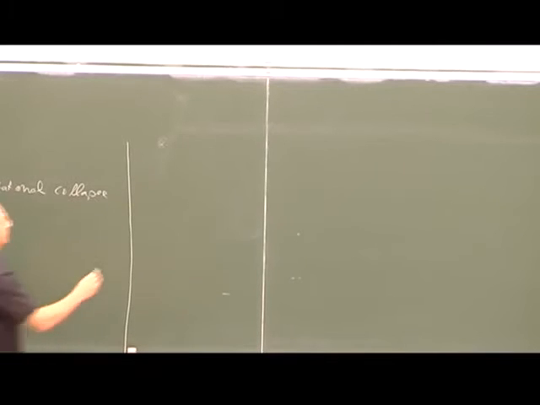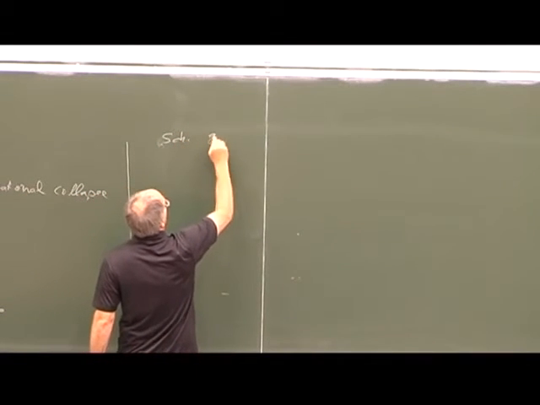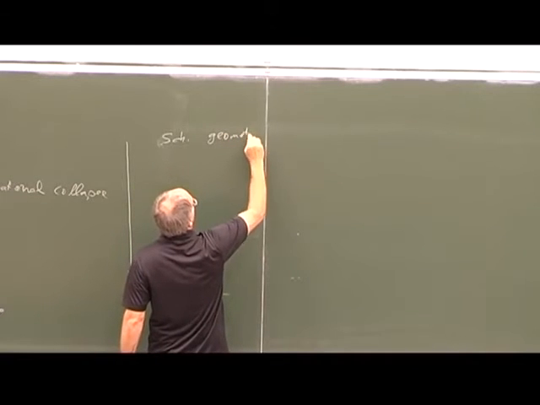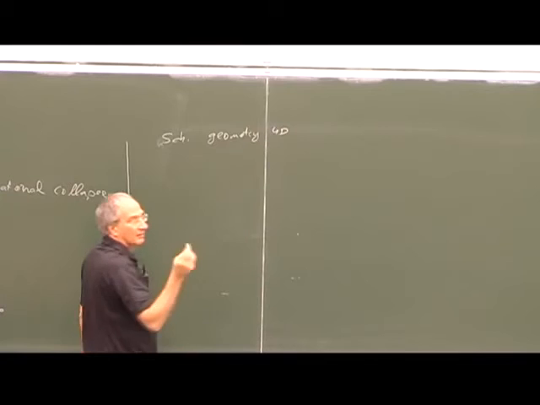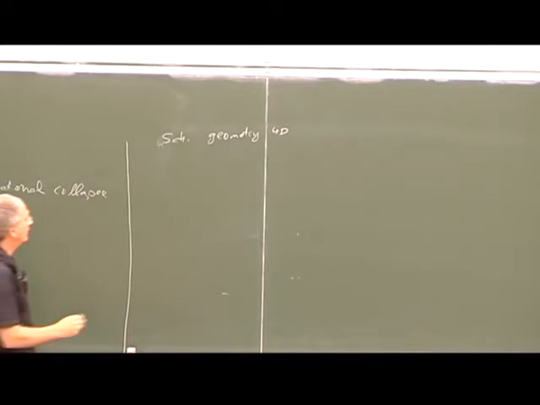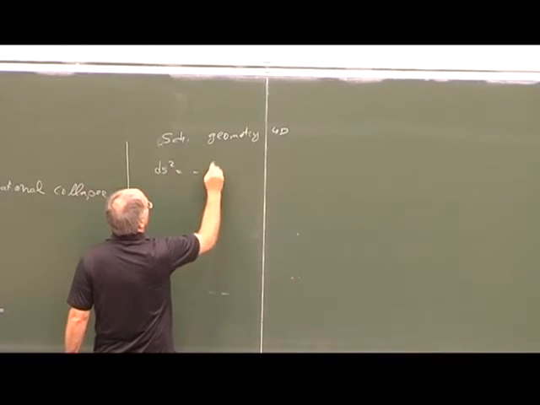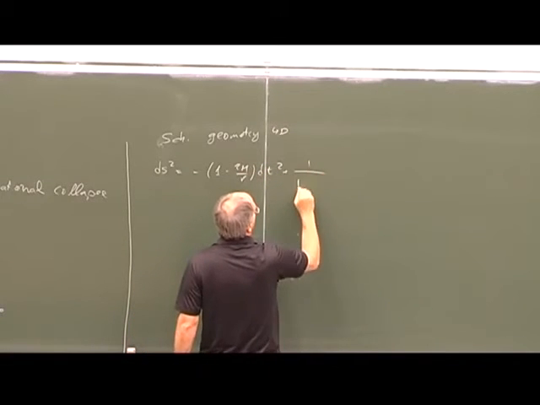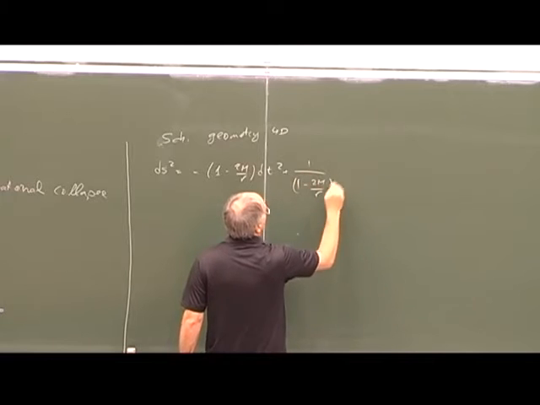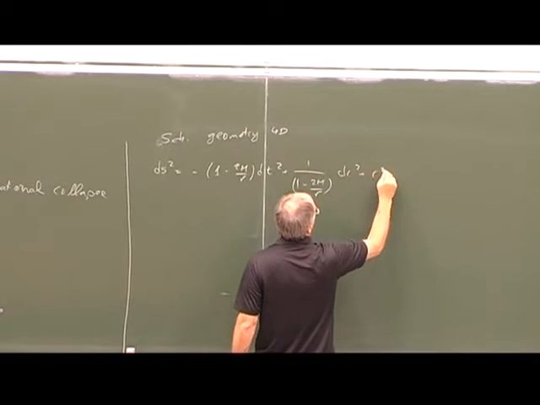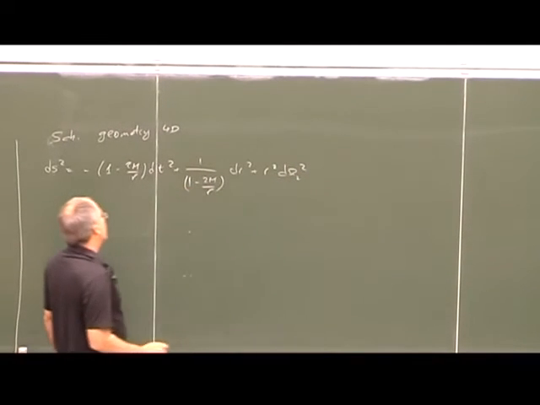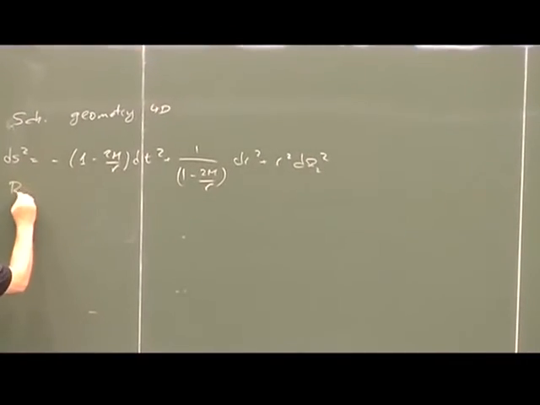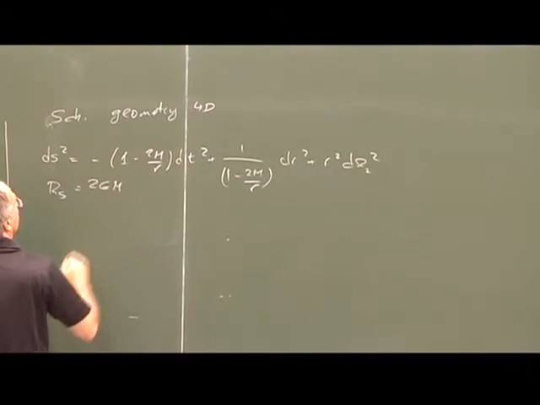So let me remind you about the Schwarzschild geometry in 4 dimensions. We will only do 4D. The generalization to higher dimensions is easy. The Schwarzschild radius is 2GM.